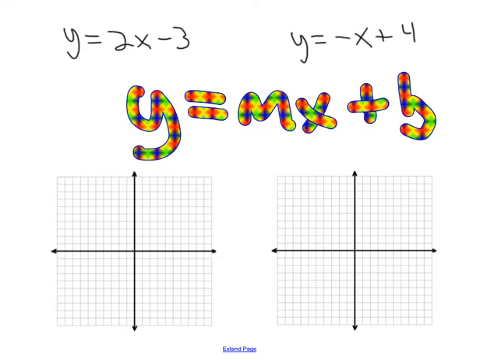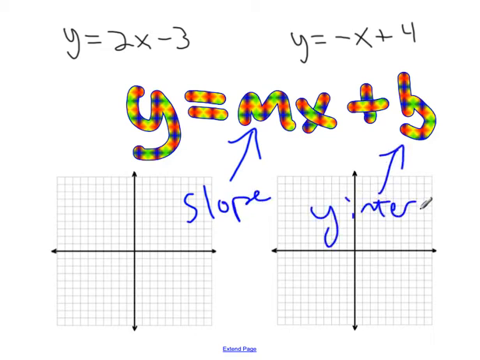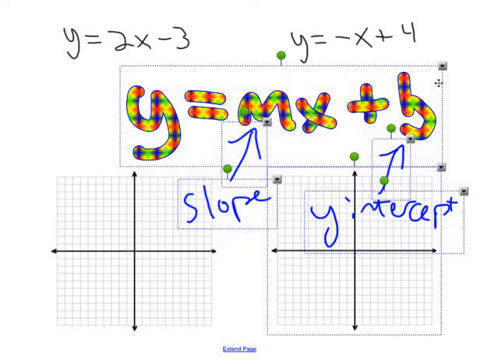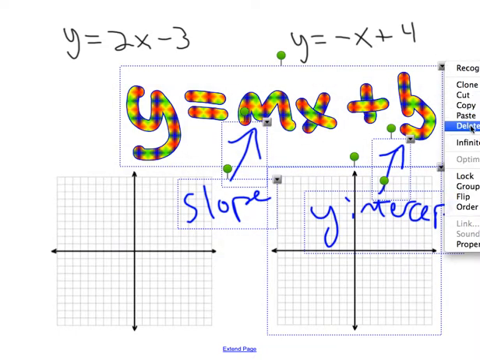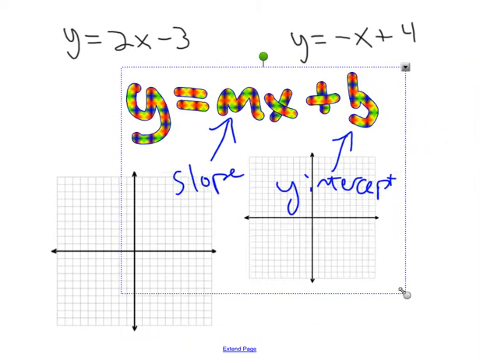Where m is the slope, and where b is the y-intercept. So make sure you have that. That's very important for you to remember and to have in the back of your mind. So let's group that, and let's move that down to the bottom of the page.